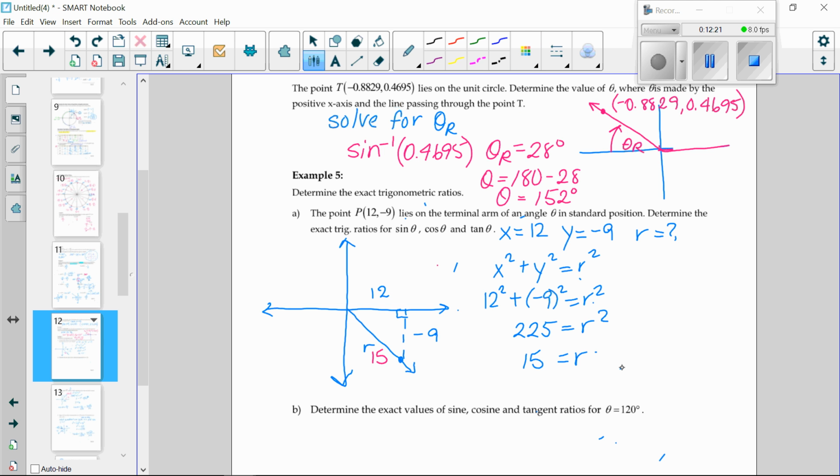So now I can write my ratios. So sine theta is equal to -9 over 15. Cos theta is equal to 12 over 15. We need to reduce those.